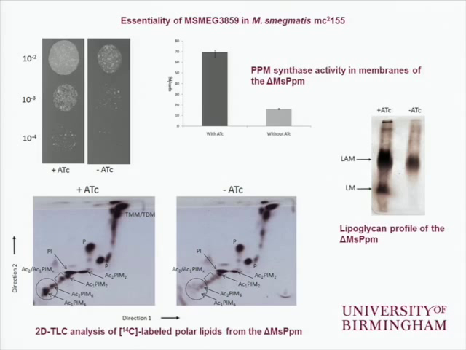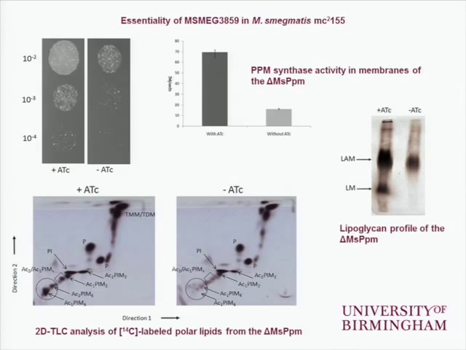So what you see on solid agar plates in the presence of anhydrotetracycline (ATc) is we get colonies forming, but when we deplete the ATc, we get lysis and basically fewer colonies of the bacteria growing. The two experiments that we can do are shown here. If we do a 2D analysis of labeled polar lipids from the mutant, with ATc you get this normal complex profile of phospholipids, the different mannosylated phospholipids that we get in Mycobacterium tuberculosis.